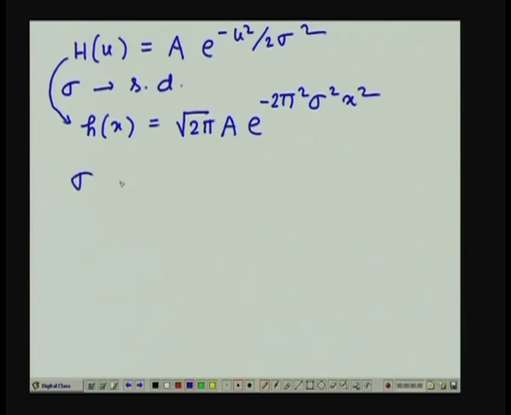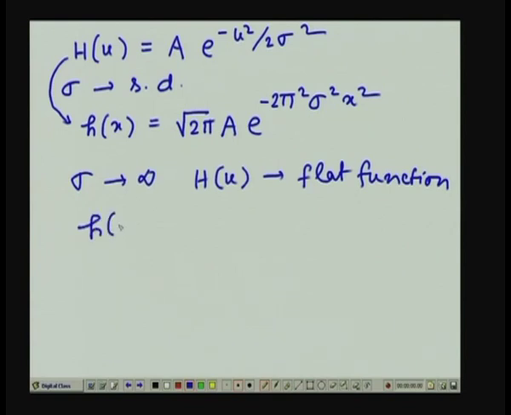Particularly, when sigma tends to infinity, H(u) tends to be a flat function, and in such a case the corresponding spatial domain filter H(x) tends to be an impulse function. So, this shows that both H(u) and H(x) are reciprocal to each other.